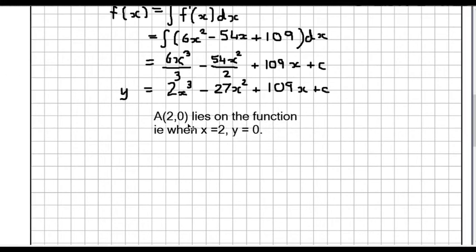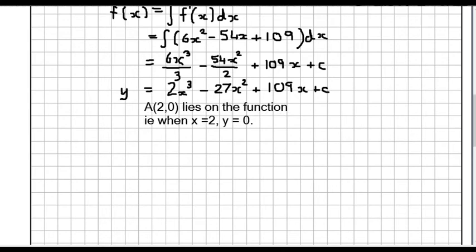So we're going to replace x here with 2 and y with 0. So we're going to have 0 is equal to 2 by 2 cubed minus 27 by 2 squared plus 109 by 2 plus c. So now the only unknown in this equation is c, so we should now be able to get the value of c.